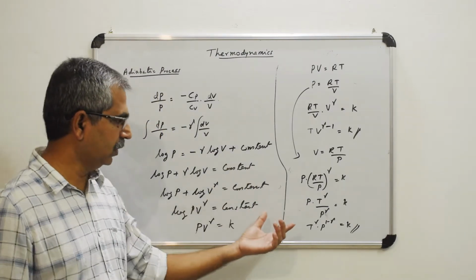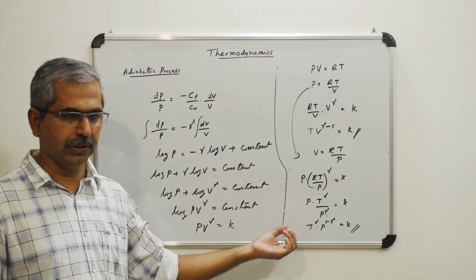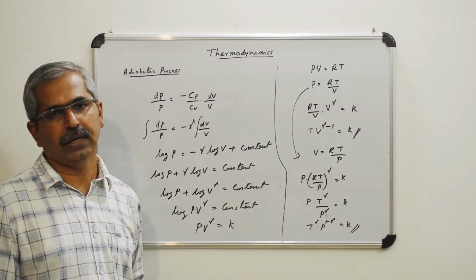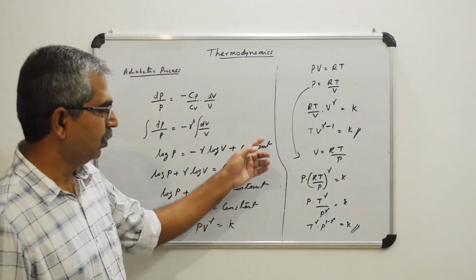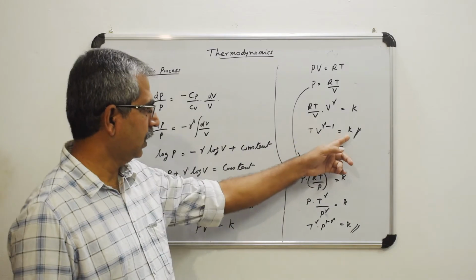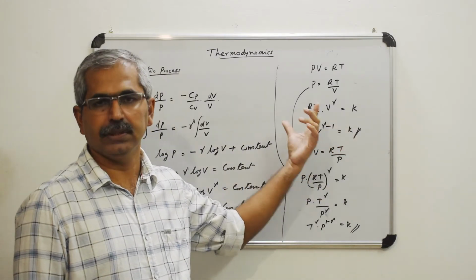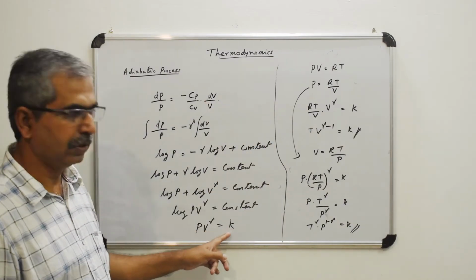So using these equations, you can find the temperature, pressure or volume of a system of a gas during an adiabatic process. Okay, here, one more point to remember is that I have written all these as K. Actually that simply means that there is a constant. So here we have P V raised to gamma equal to a constant.